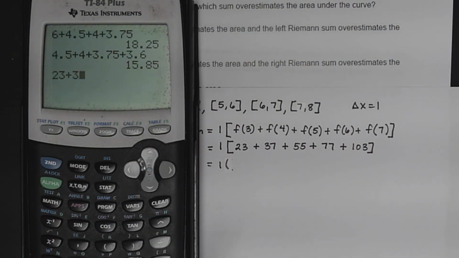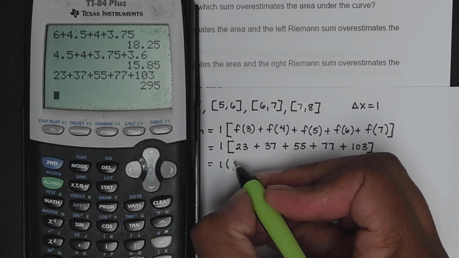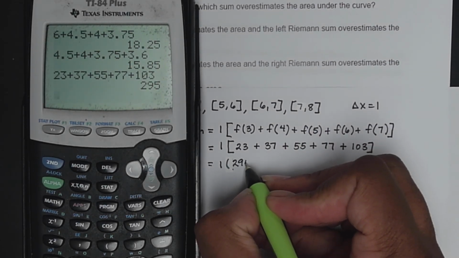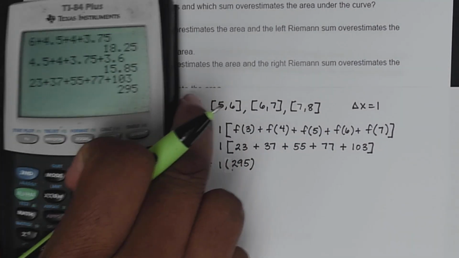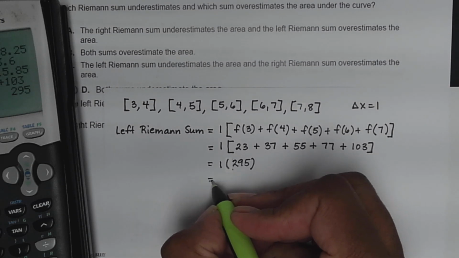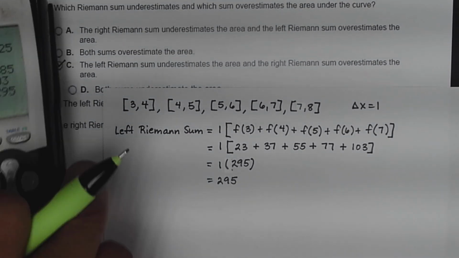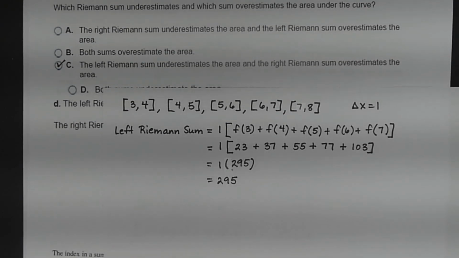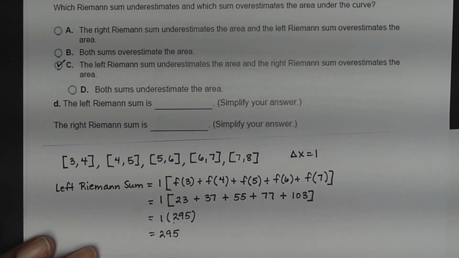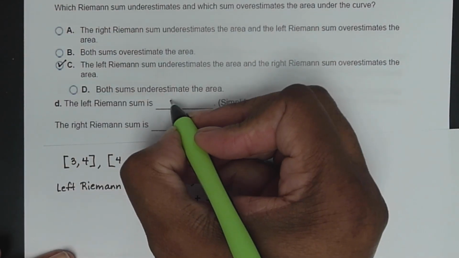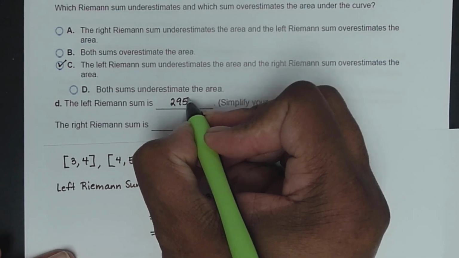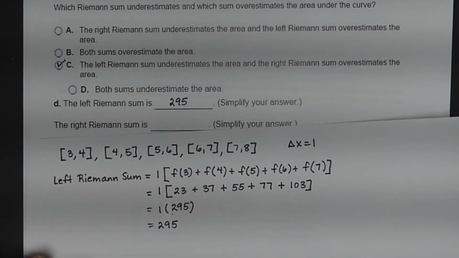So 23 plus 37 plus 55 plus 77 plus 103, that'd be 295. And 1 times 295 would be 295. So my left Riemann sum will be 295.